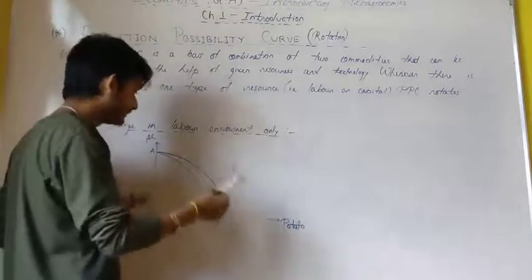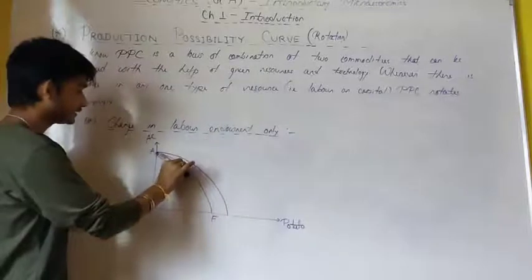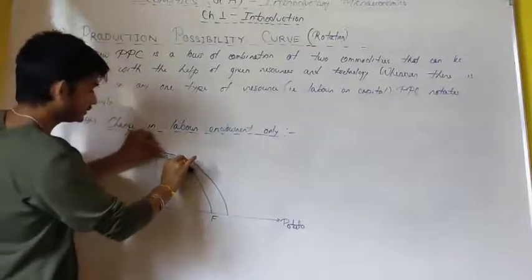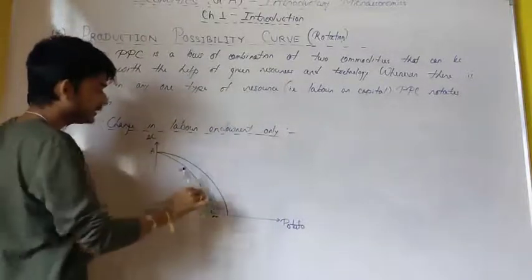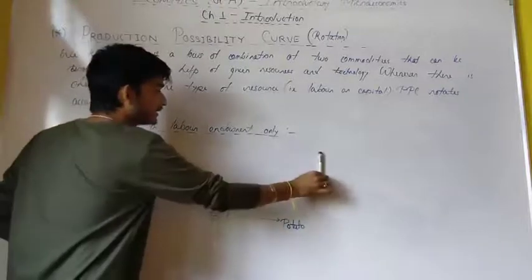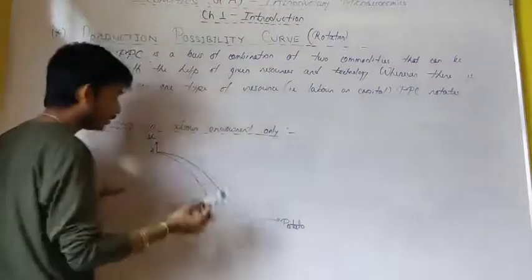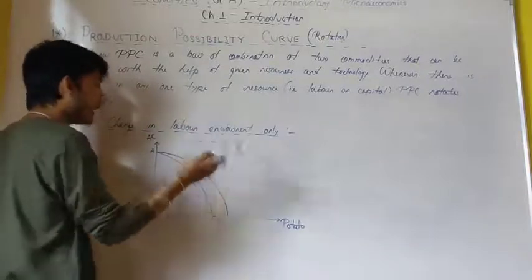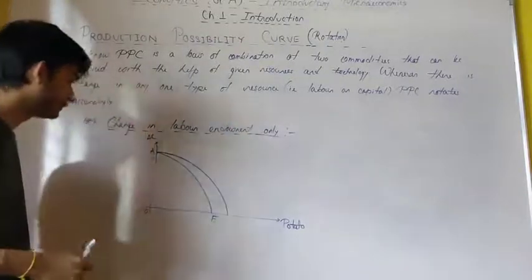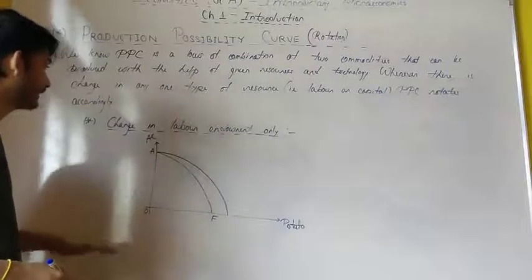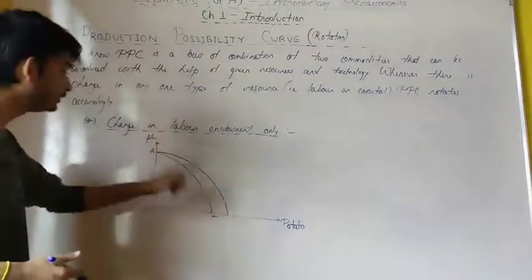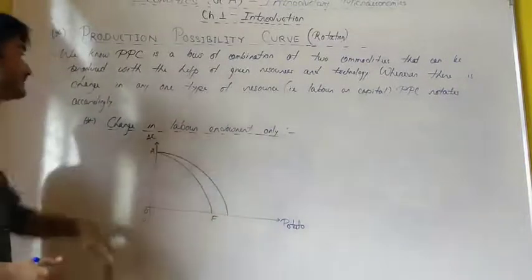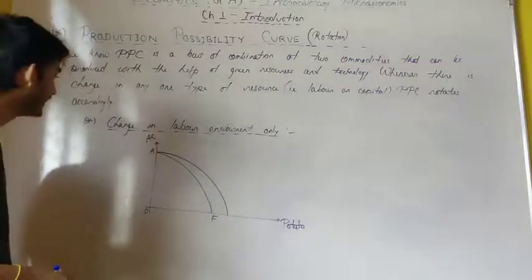In that way, it is rotating from here to here. It rotated, but had it been shifted, this PPC would have shifted from here to upward somewhere there. But it is rotation, and this rotation occurred only because there is increase in labor endowment.